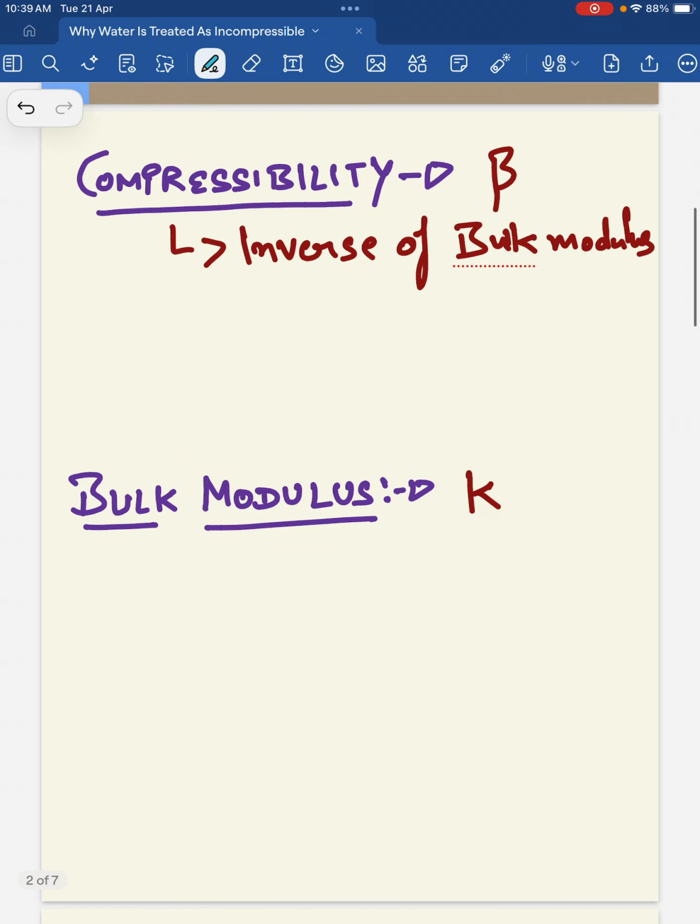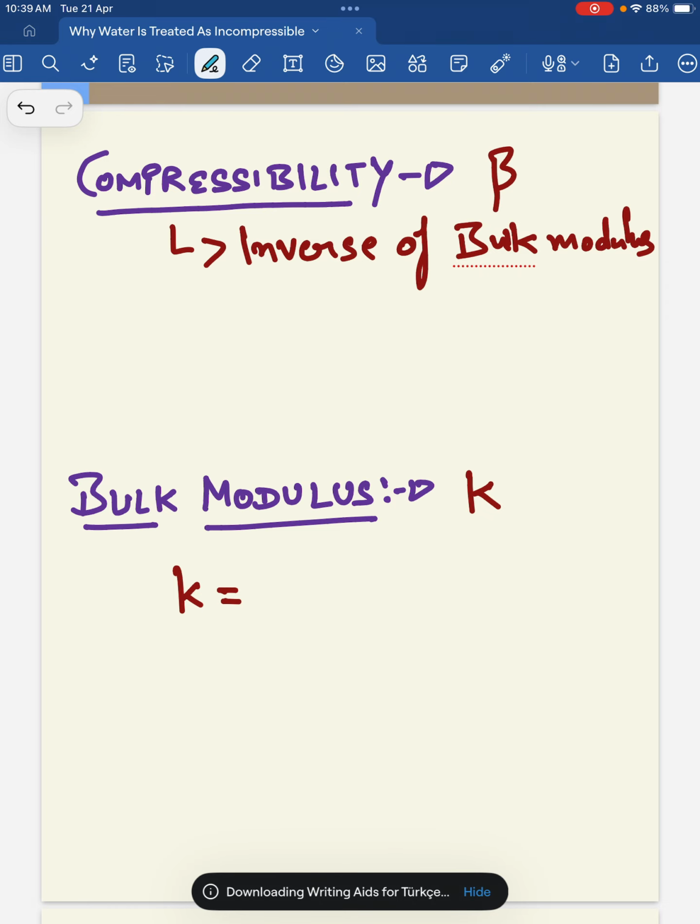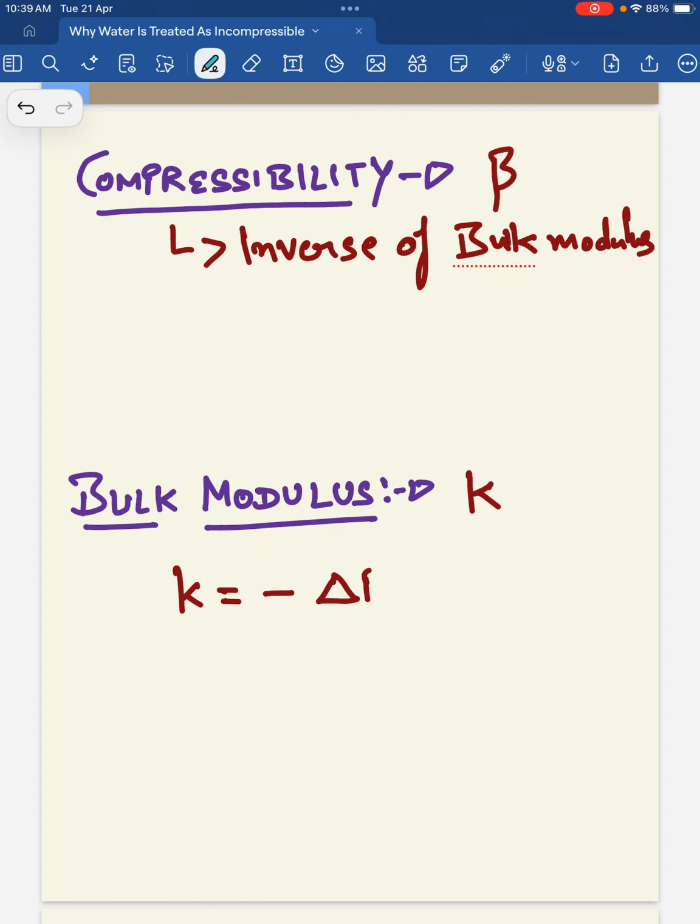So we know that bulk modulus is the ratio of change in direct stress to the volumetric strain with a negative sign. It can be written as change in stress delta P, or you can say change in pressure, to the volumetric strain delta V upon V, right?